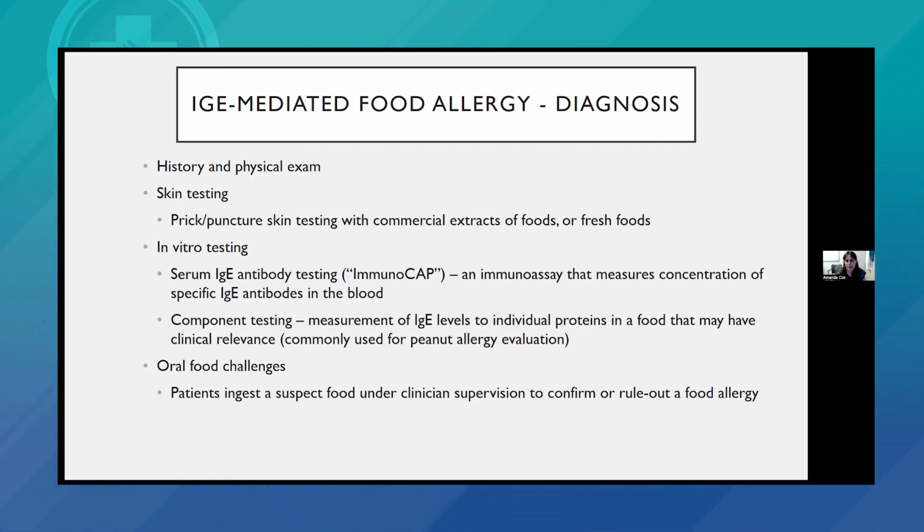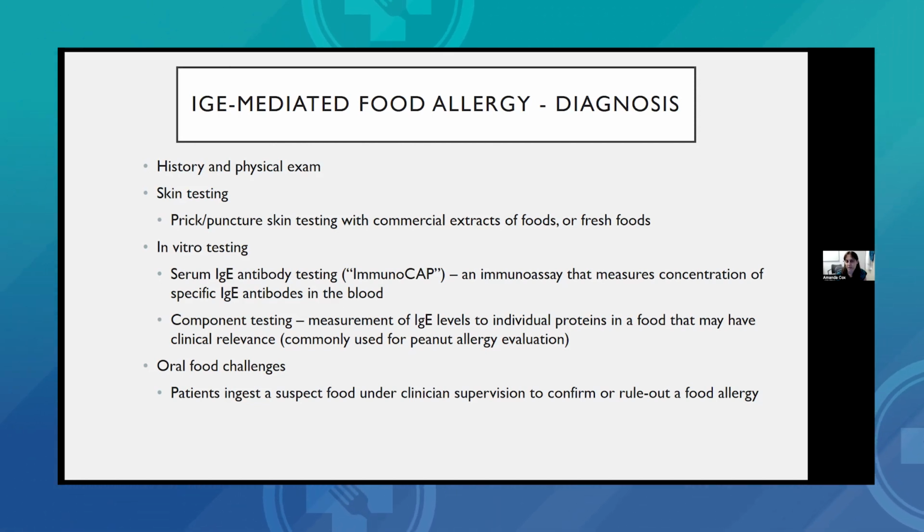There's also a number of different in vitro tests that are available to us for helping to diagnose IgE-mediated food allergy. Something called ImmunoCAP, where we look at that allergic antibody level. This measures the concentration, and we can look at allergic antibodies for most foods. Most foods that we eat, we have an antibody test that we can look at.